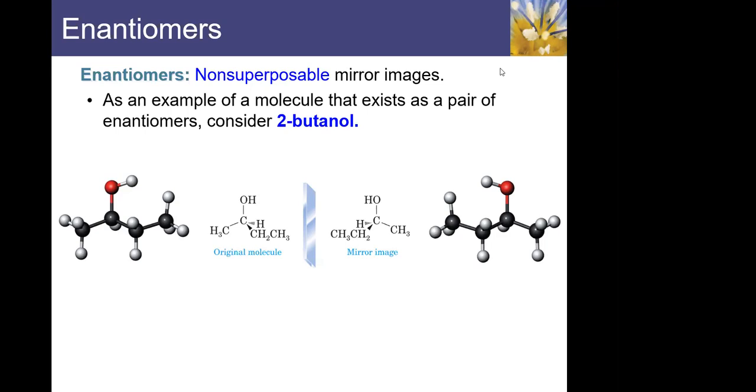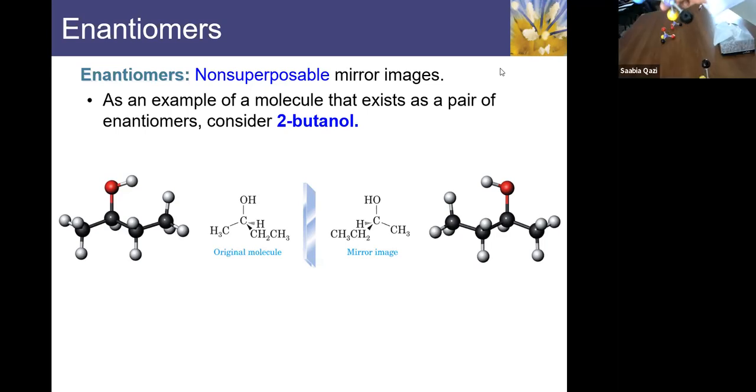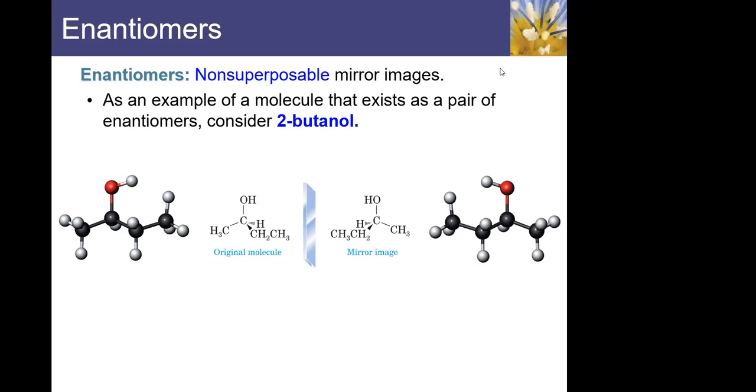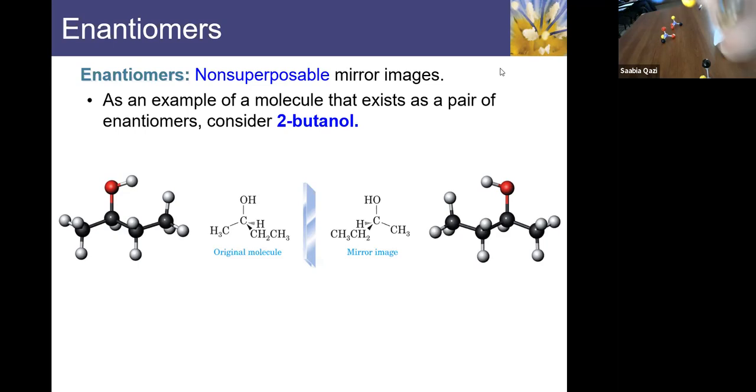Okay, let's say this is a compound, any compound. I have a carbon in the center, I have A, B, C, D. In stereoisomers, any two molecules would be called stereoisomers if they have the same molecular formula and the same connectivity.